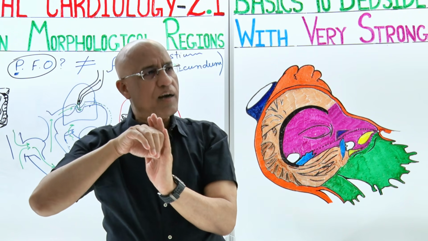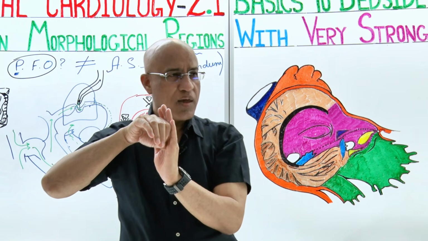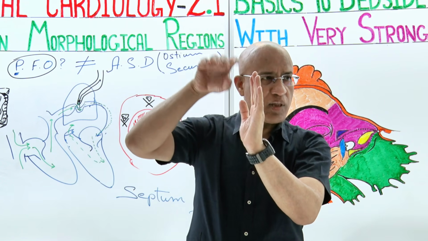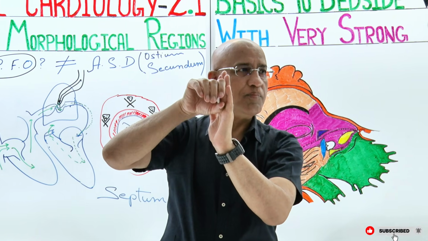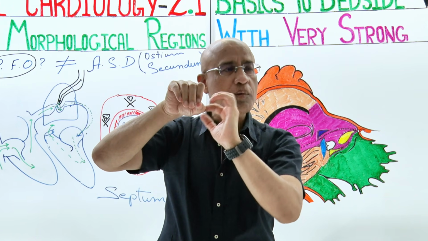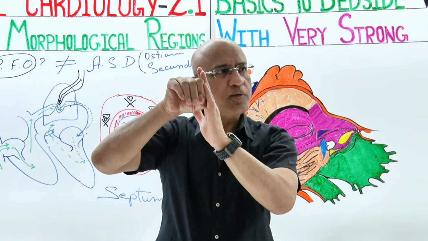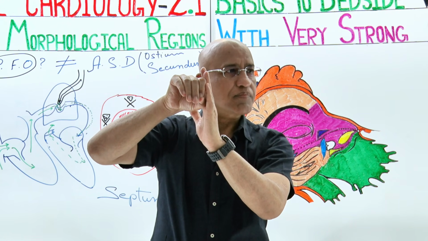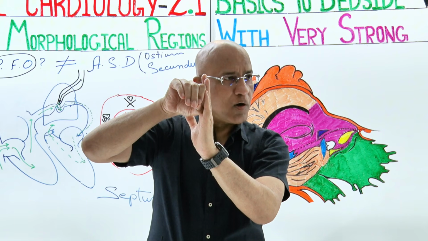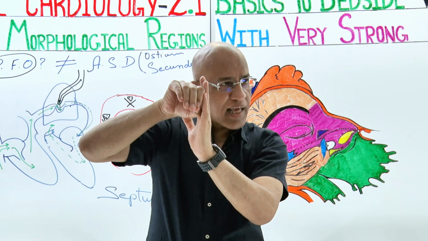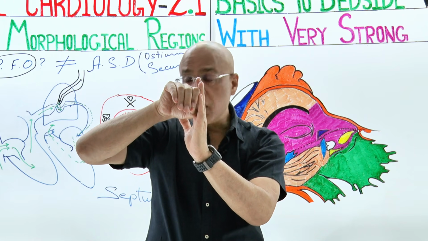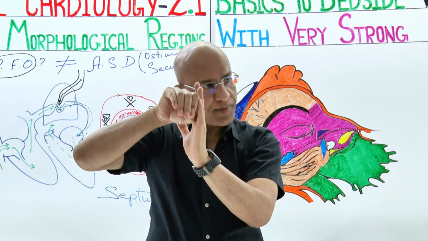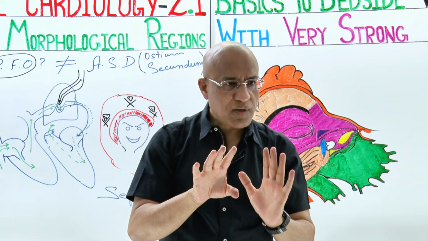In most of our adult life, pressure in the left atrium remains more than the right atrium. So even if it is not completely sealed, it remains pressed against the rim or margins of the fossa, and there is no shunting of blood from left to right or right to left. Is it clear?